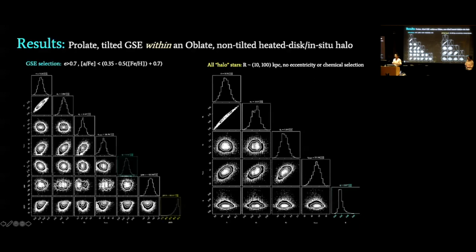So there certainly could be contamination from, for example, the high eccentricity tail of the thick disk or the low metallicity tail of Arjuna and things like that. But we think the contamination is pretty small. In fact, the next step is to fit the so-called in situ halo or the splash disk, where we're actually looking at the contamination of the thick disk in the halo and seeing what that looks like. So even the contamination itself is pretty fun to look at. Thank you. Yeah, great.